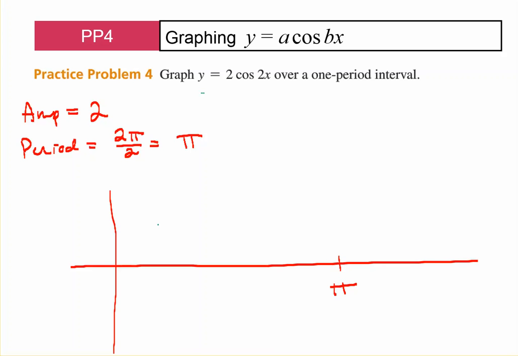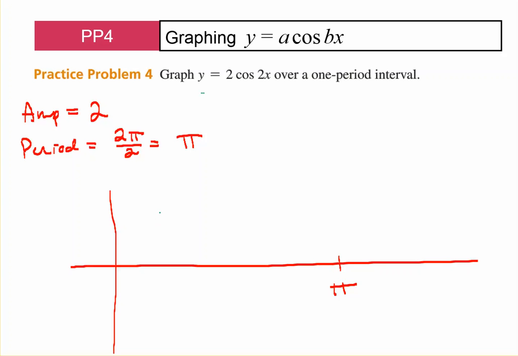So that means when I make my graph, I only need to go this far. That'll get me 1 full cycle, or 1 full interval. So that's kind of important to know the period, because that tells you how big you need to make the graph.